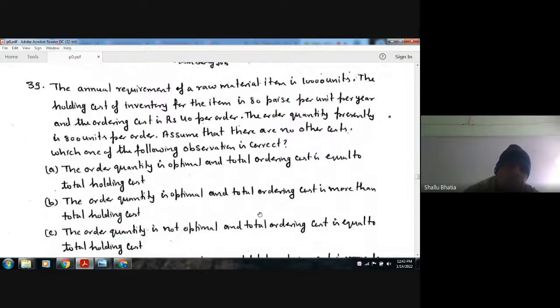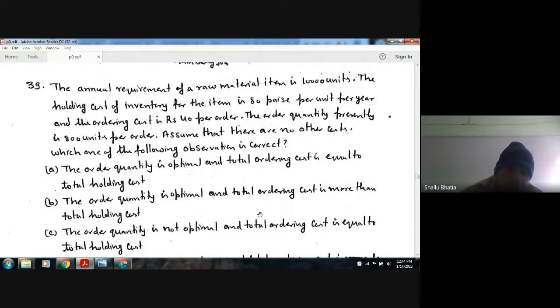Next, the annual requirement of a raw material item is 10,000 units. The holding cost of inventory for the item is 80 paisa per unit per year, and ordering cost is rupees 40 per order. The order quantity presently is 800 units per year. Assume that there is no other cost.